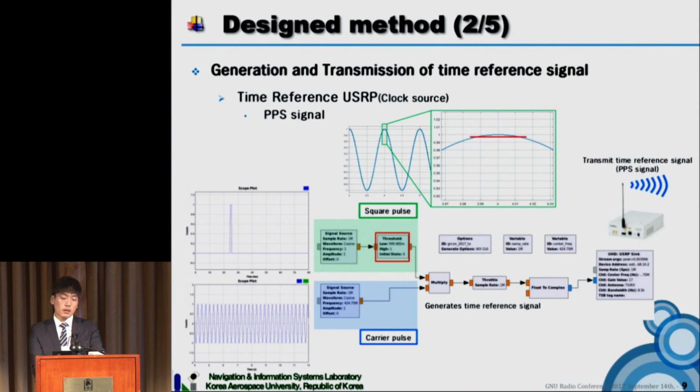So we generated the time reference and slaves utilizing the USRP. At first, the time reference generates the PPS signal as a time reference signal. The PPS signal is a mixed form of square pulse and carrier pulse. It's very simple.